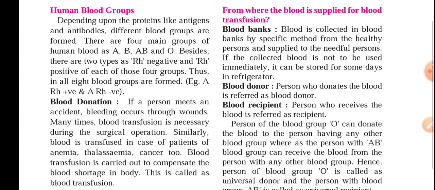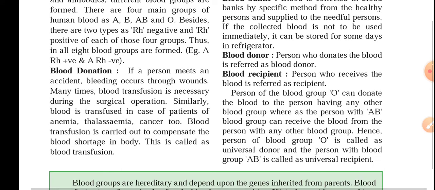The first thing is the blood can be transferred to the same group, and the other things we will see in another part. The donor is the person who donates the blood, and the receiver is the person who is receiving or taking the blood.